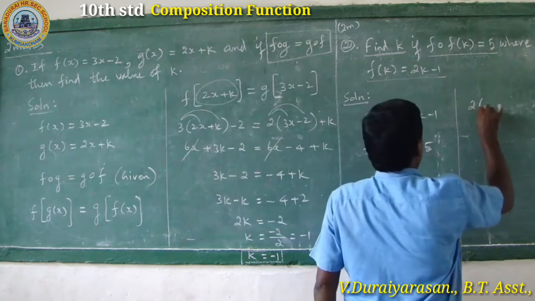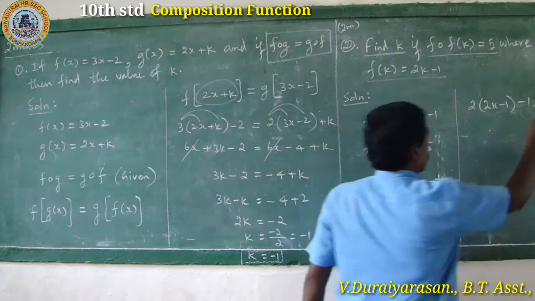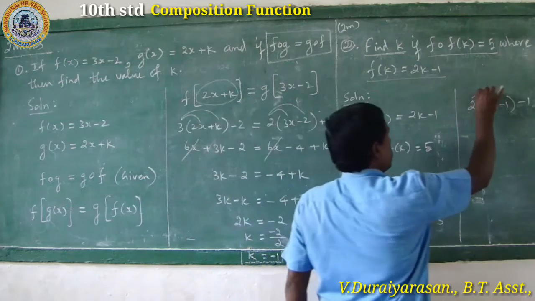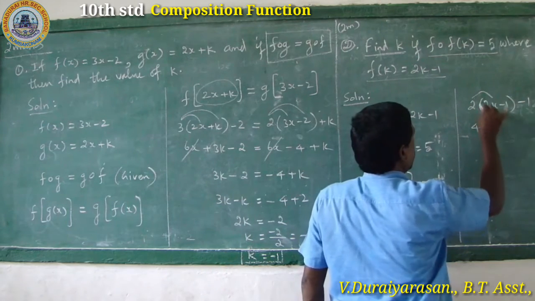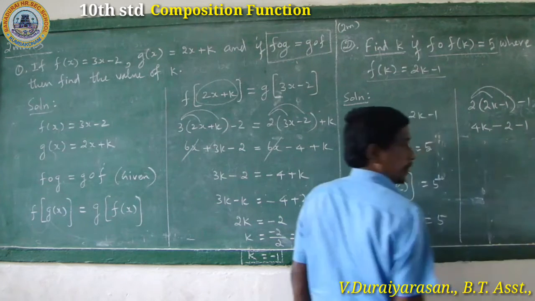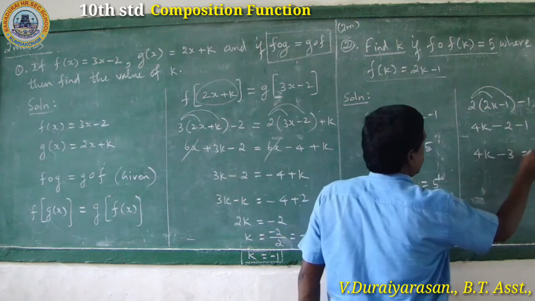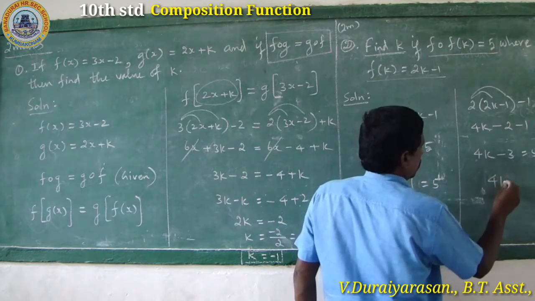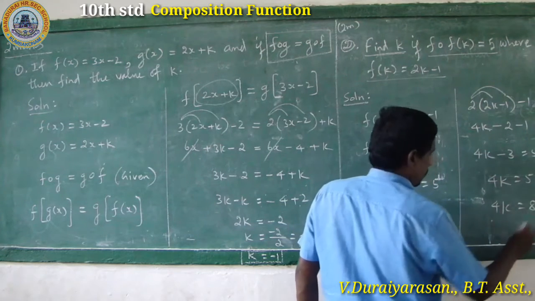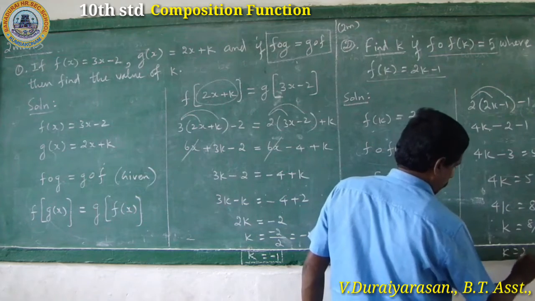So 2 of 2k minus 1, minus 1, is equal to 5. Multiply by 2: 2 2s are 4k, 2 times minus 1 is minus 2, minus 1 is equal to 5. 4k minus 2 minus 1, minus 3, is equal to 5. 4k is equal to 5 plus 3. 4k is equal to 8. k is equal to 8 by 4. k is equal to 2.